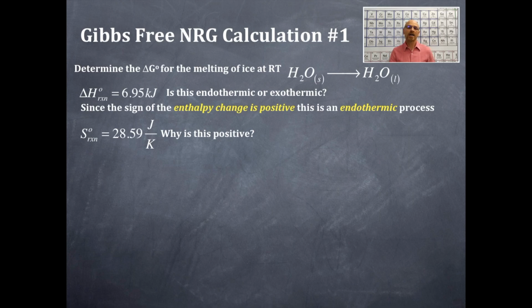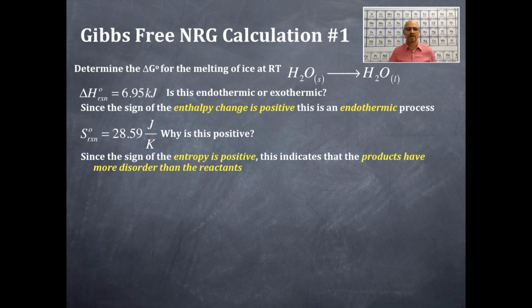It is positive, so is this becoming more ordered or more disordered? In fact, if you look at some of the previous videos within this unit, I answered that question. We're tying in the conceptual information previously taught in this unit to some mathematical information to back up the conceptual understanding.